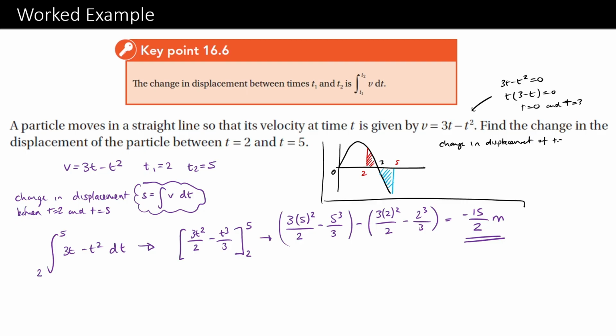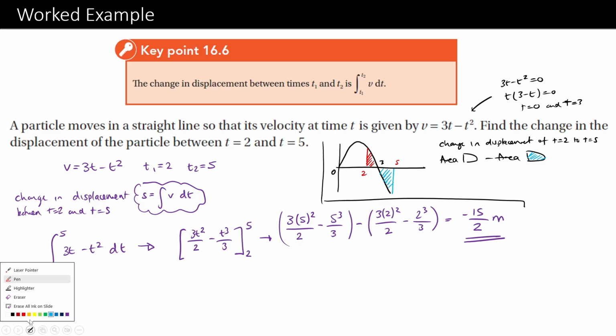The change in displacement from t equals 2 to t equals 5 is the area of the red section minus the area of the blue section. Now for this, where a lot of students go wrong when using this particular method is they recognize that the areas have got to be positive.